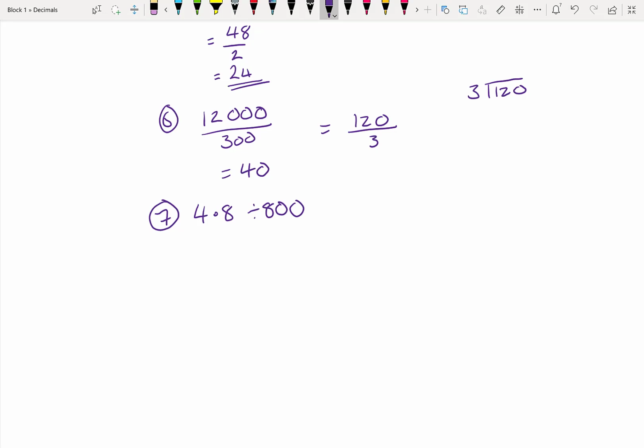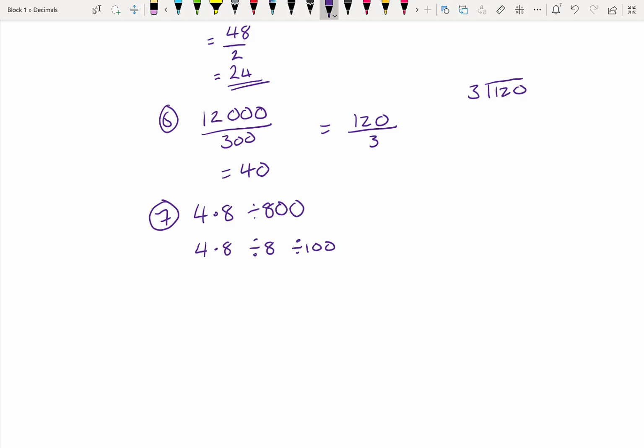There's always an alternative. So let's have a look and see how we feel about this one. What we can do is split this up into 2 parts just like we did before. Now we need to be careful when we're doing this, and so this is why we don't like to teach you this one first. But we can do 4.8 divided by 8, then divided by 100. So we can do it in 2 steps.